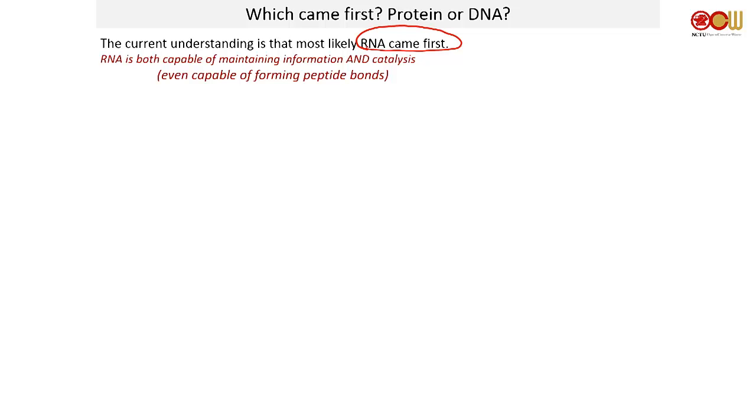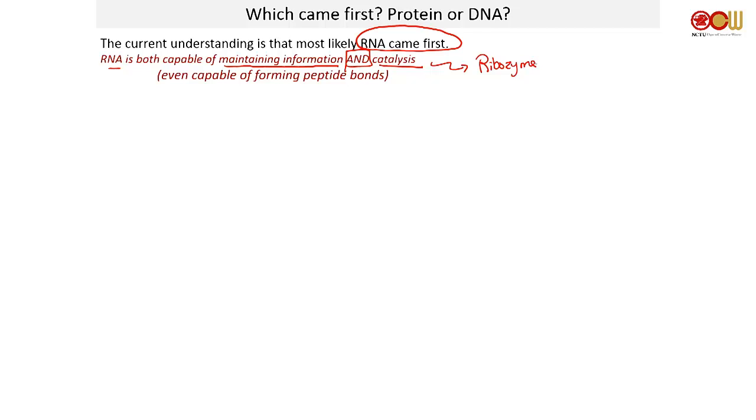One of the reasons people believe that is that RNA is capable of maintaining information, which is the function that you guys know, and catalysis. There are these things called ribozymes.